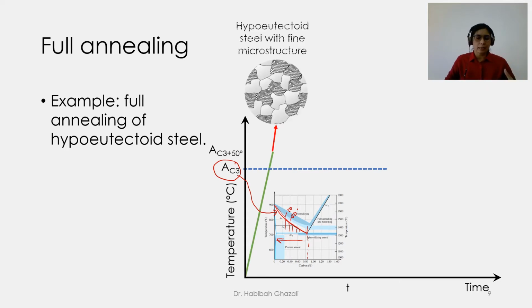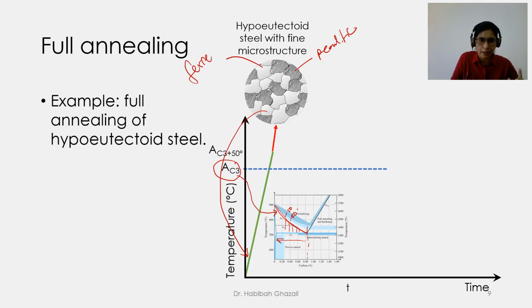At the beginning of this stage where we heat it up, this is the microstructure of the hypoeutectoid steel at room temperature: we have pearlite and we have ferrite, which is pro-eutectoid ferrite.